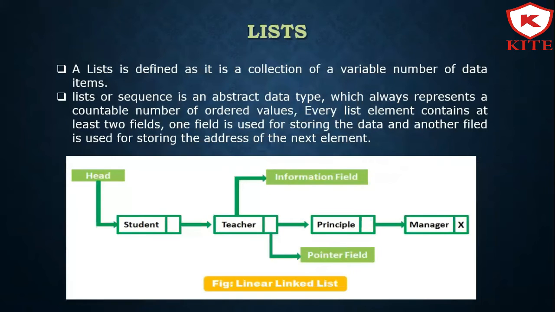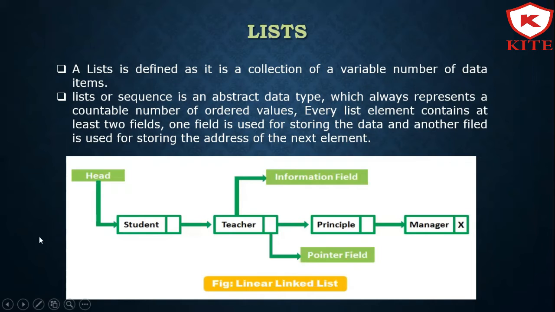Now next one is a list. What is a list? A list is defined as a collection of a variable number of data items. A list or sequence is an abstract data type which always represents a countable number of ordered values. Every list element contains at least two fields.